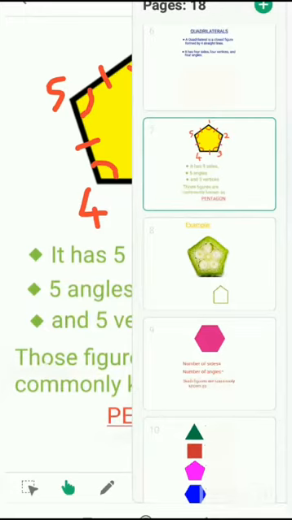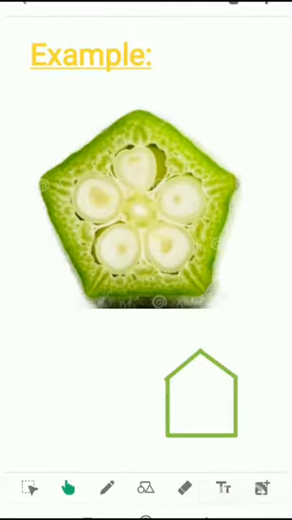Let's look at an example. You all are familiar with this picture. This is the cross section of a lady's finger. You can see that this is in the shape of a pentagon.